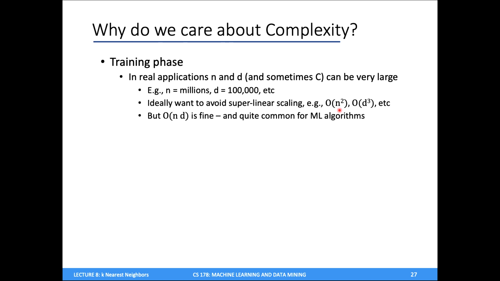If it takes you something quadratic in a million data points, it's going to be way too slow to train. It's just never going to actually work in practice. But something that's linear in each dimension is typically fine. And oftentimes for ML algorithms, you'll see something like O of nd for both time and space complexities.